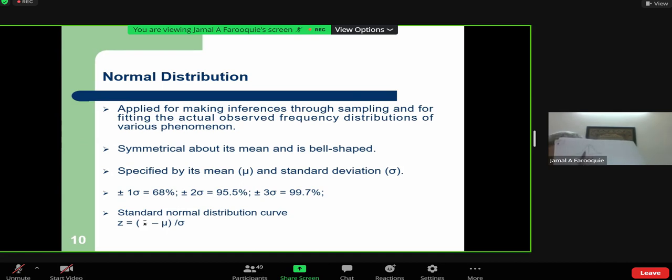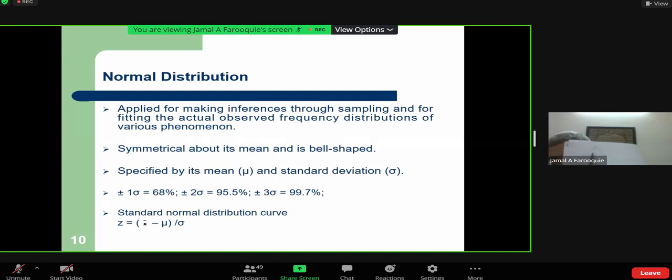This area represents the probability of x, denoted by the area under the curve. Another thing you can see on the slide is plus minus 1 sigma: mean plus 1 standard deviation on this side and mean minus 1 standard deviation on this side.